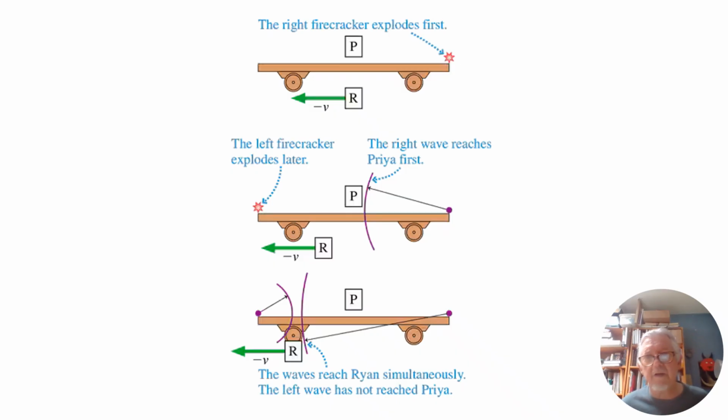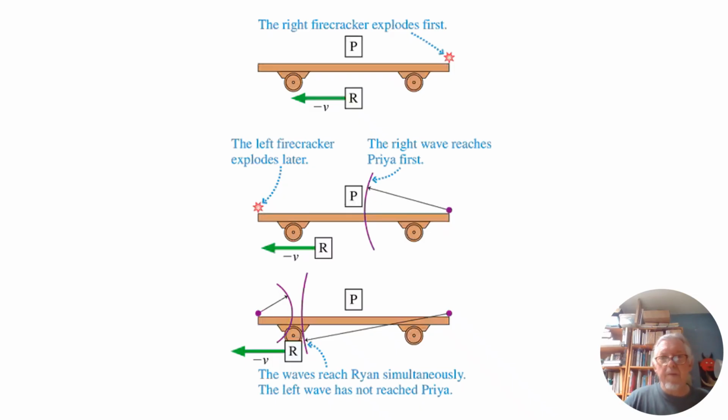Nothing is moving, firecracker-wise, Priya-wise. It explodes first. She sees the light wave striking her first, and the detector first, right? And then later, the left firecracker goes off.